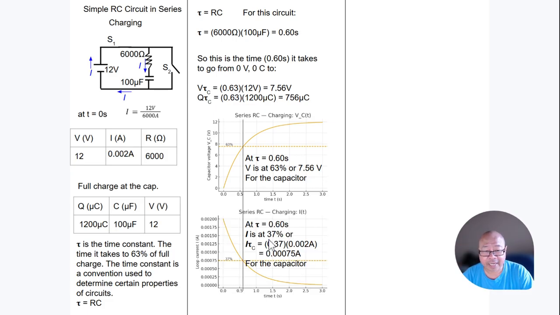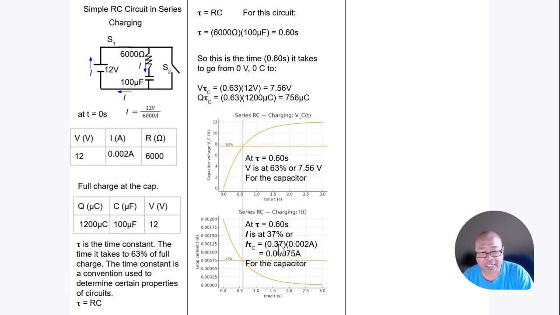All right. Now, for the current, remember, it started off at 2 milliamps or 0.002 amps right when we turned on switch 1. But then as the charge builds up on the capacitor, it decreases, just like the voltage increased.